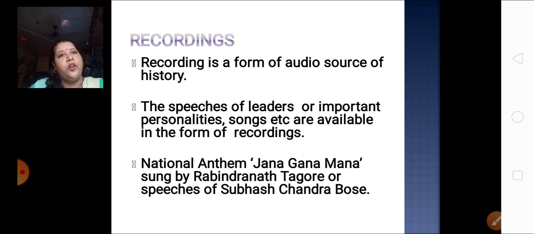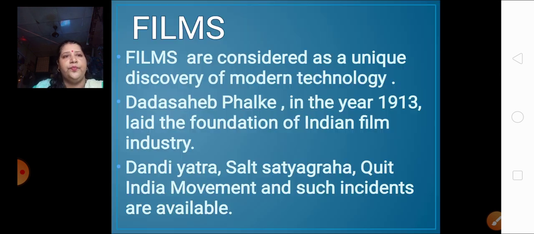Because of the recording facility. The speeches of leaders or important personalities, songs, etc. are available in the form of recordings. The national anthem Jana Gana Mana sung by Rabindranath Tagore, or speeches of Subhash Chandra Bose, all this is available to us through recordings.